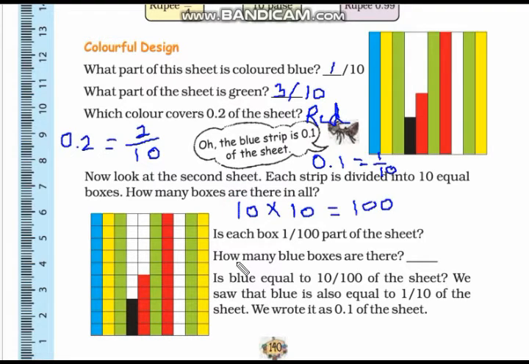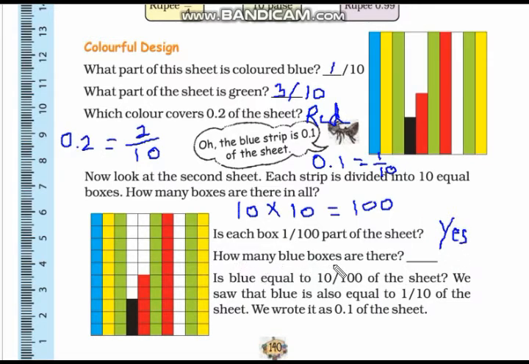Now the question is: is each box 1/100 part of the sheet? Yes, each box is 1/100 part of the sheet, because there are total 100 parts. So we can write here yes.